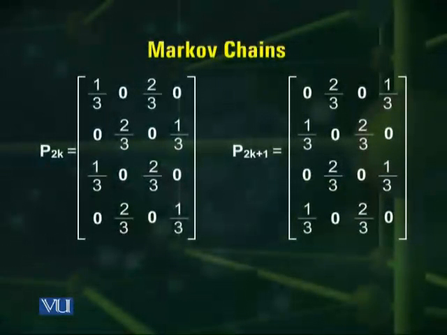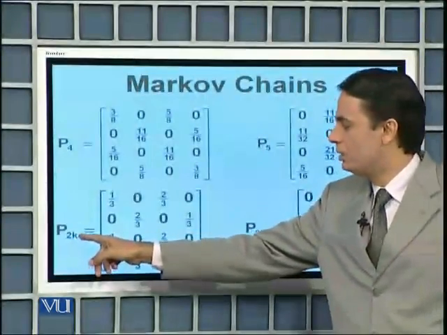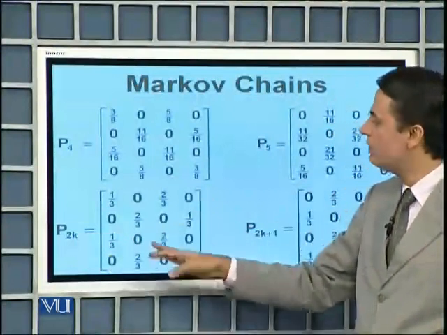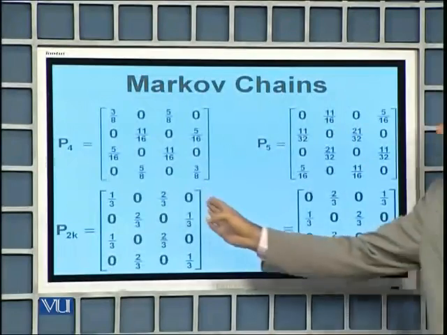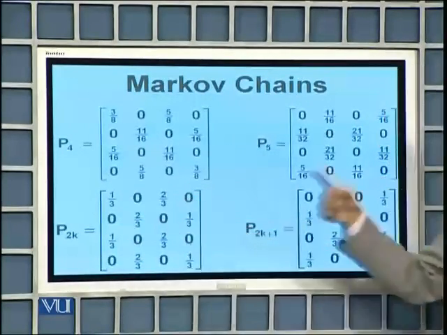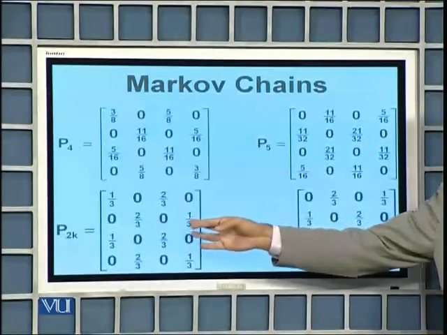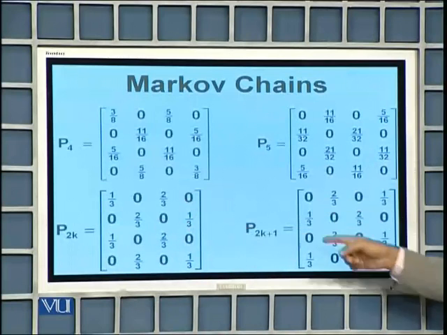If you take the asymptotic behavior, for an even power 2k, where k is an integer, of the 1-step transition probability matrix, you get a matrix like this asymptotically. If you multiply this matrix with the 1-step transition probability matrix, you get this.